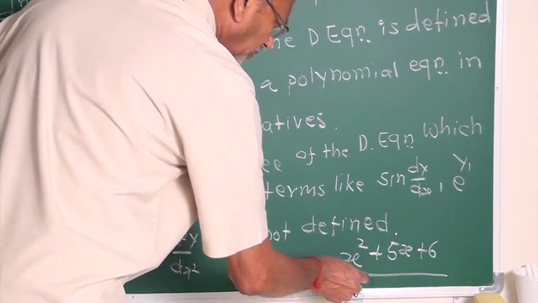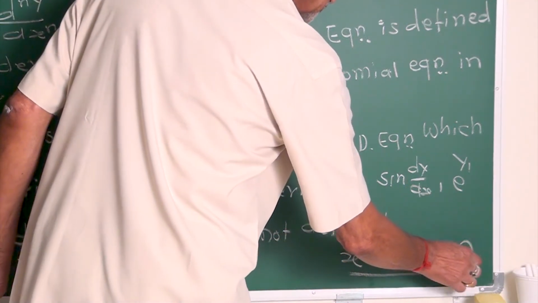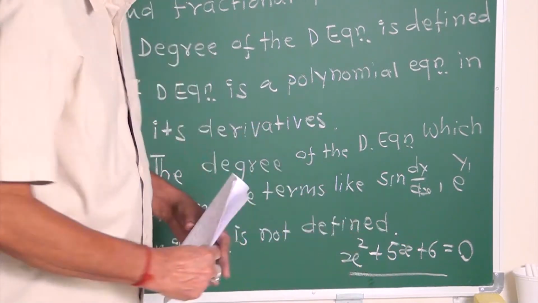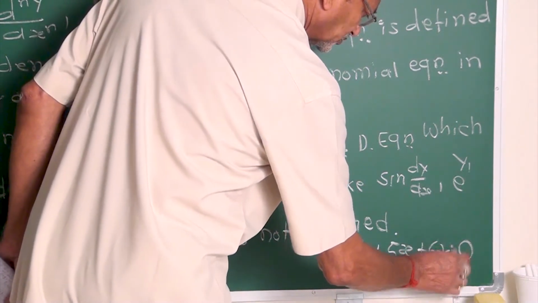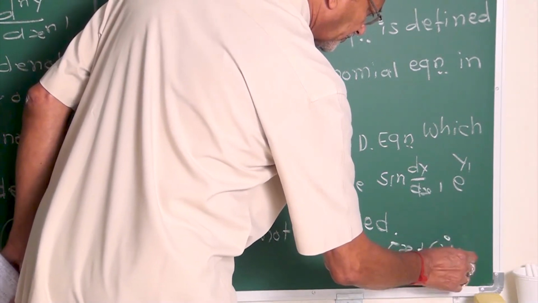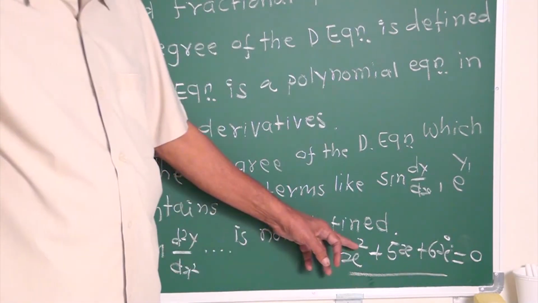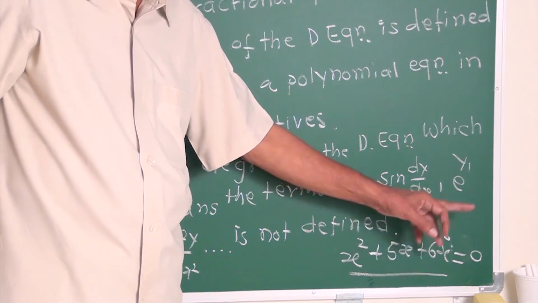What is this? It is a polynomial. If you say this equal to 0, this becomes a polynomial equation. Means this x is repeated here. X squared is there, x is there, and here it is x to the power 0. X to the power 0 is 1. See, decreasing powers: x squared, x, like this.